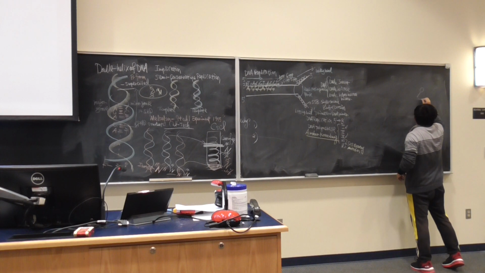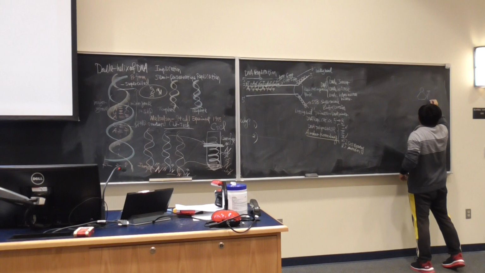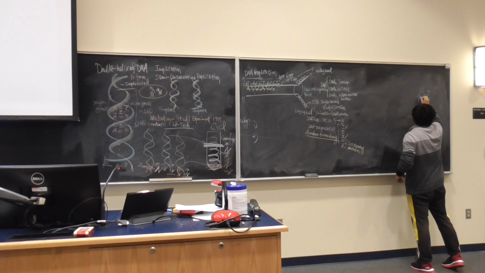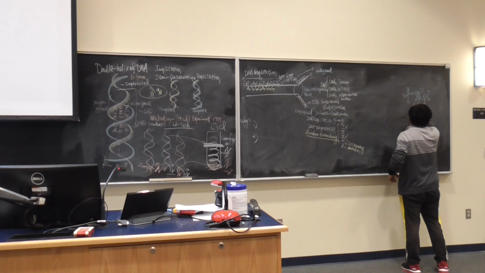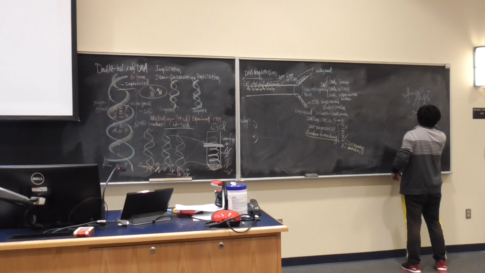So let's go back to the structure of the DNA. This is CH2, phosphate. Okay, this is 3 prime. Then you go to A, P. Then you have another one right here, connected to CH2.